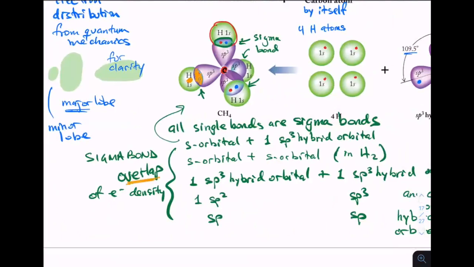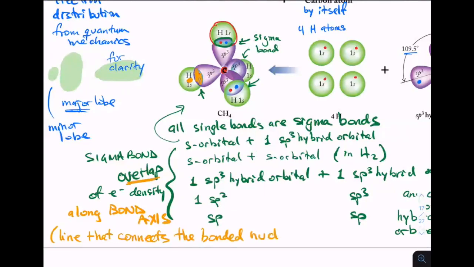The overlap is along the bond axis, the line that connects the bonded nuclei. I'm simply describing what this model describes. All right, the sigma bond, the overlap of electron densities, will always be along the bond axis. And you'll see later on why that's important to distinguish.